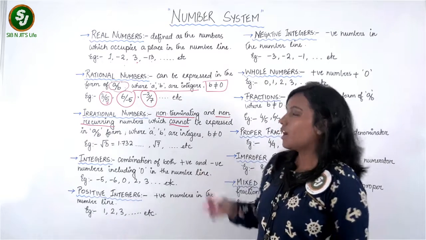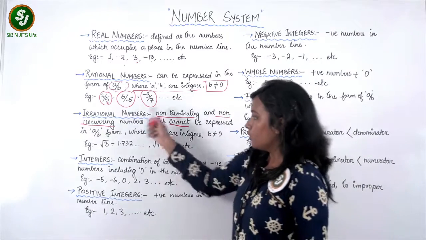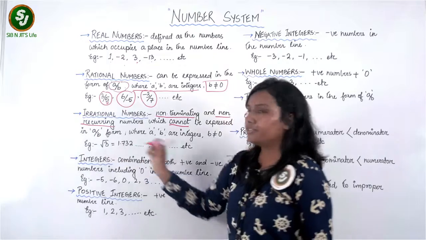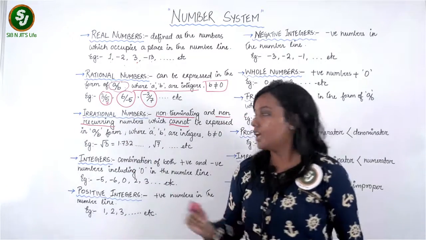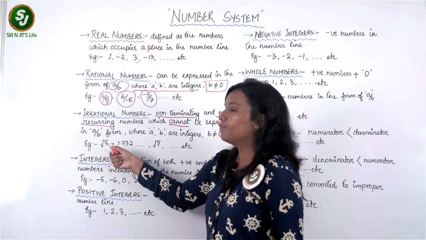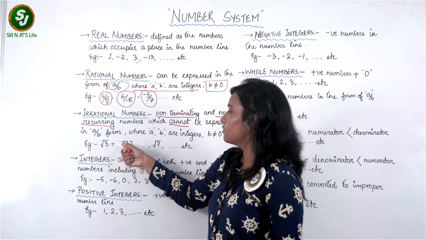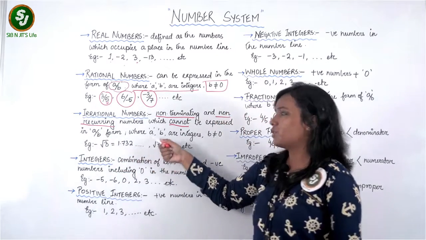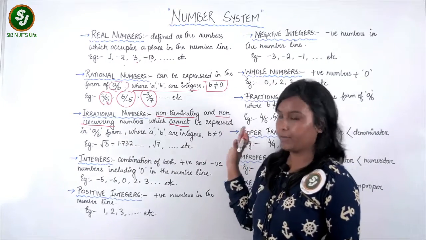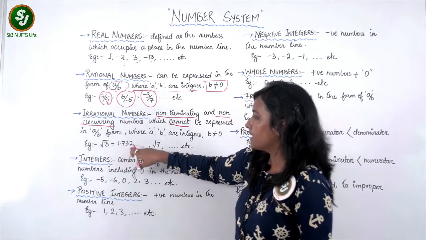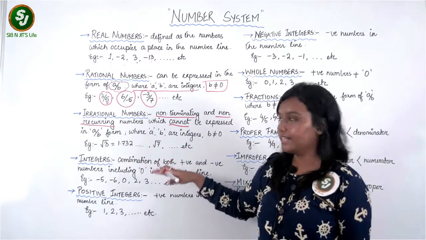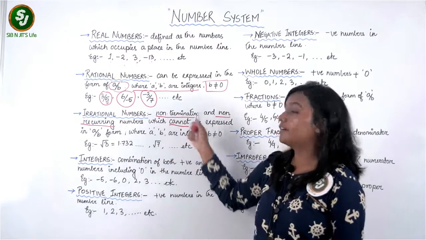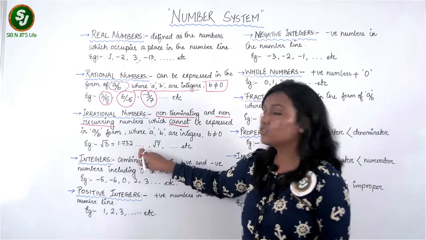So how to understand this? Look at this example, root 3. Root 3 is an example of an irrational number. When you find the value of root 3, the answer comes out to be 1.732... It keeps on continuing. As this number keeps continuing, it is in a continuous state, hence it is termed as non-terminating. It does not stop.